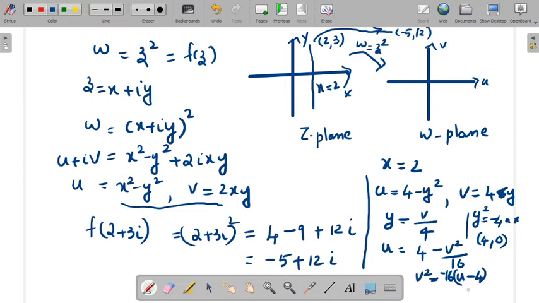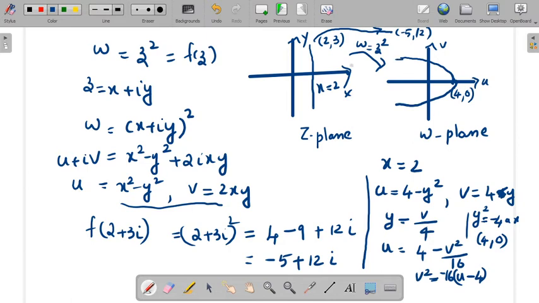Similarly, for this parabola the vertex is 4, 0, open towards the left of the u axis. So the image of the line x is equal to 2 is a parabola whose vertex is 4, 0 and open towards the left of the u axis.